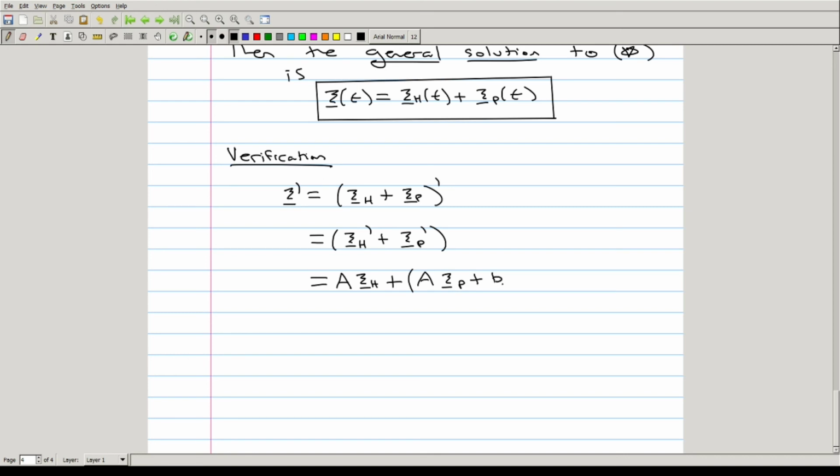plus b of t. And instead of writing a here, I will explicitly denote this as A of t in both cases, because this variation of constants formula that we're going to get at the very end works in general.